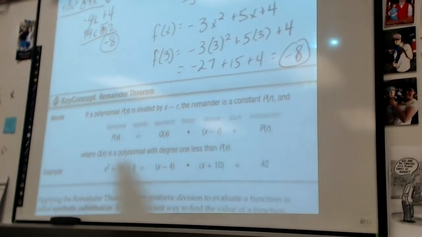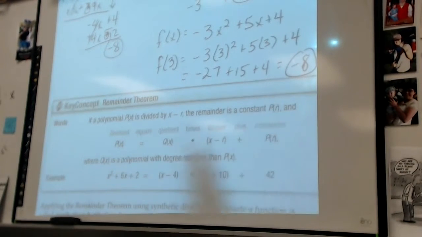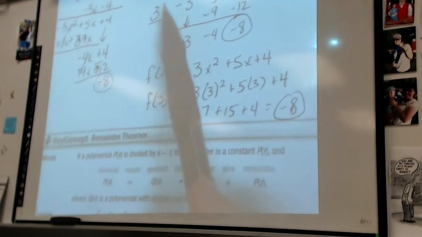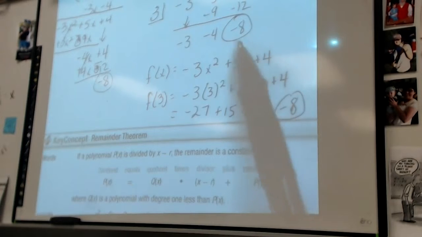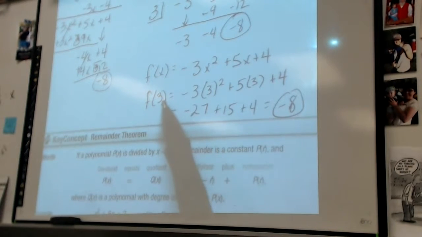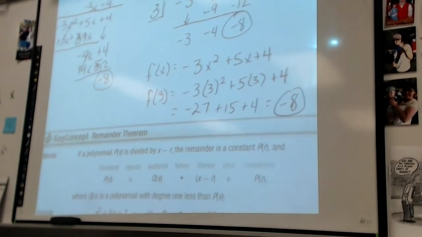You can go through and read all this, but basically it means that if you use synthetic division, or you take a factor and divide by its 0, you're going to get as a remainder the same number you would get if you plugged the number in and evaluated it using what's called direct substitution. Plug the number in.